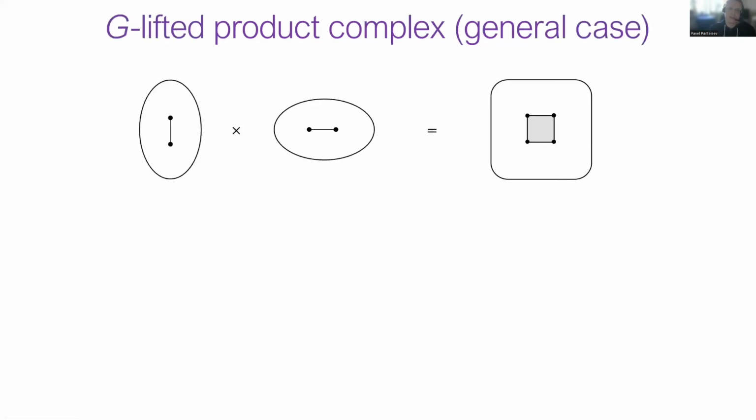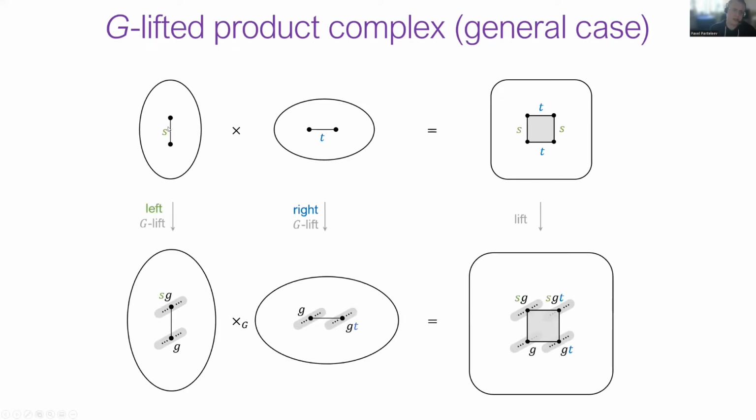And the idea of the G-lifted product construction is as follows. We start with a standard product, and then we lift this graph using left lifts. By left lifts, I mean that these shifts are multiplied from the left, and then we lift this graph using right lifts. By right lift, I mean that these shifts are applied on the right.